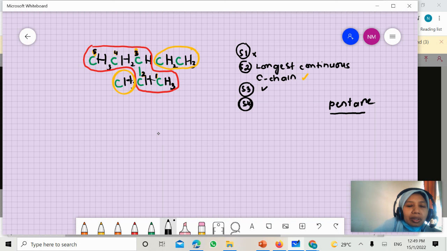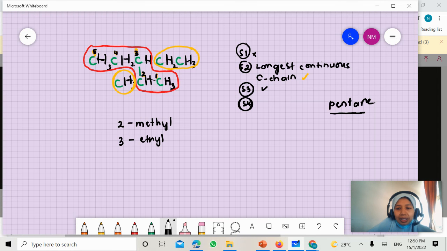We list the name of the substituent now. You separate number and word by using dash. Refer to the previous video. Okay, 2-methyl. And at carbon number 3, we have 2 carbons, which means ethyl. Yeah, ethyl. So 3-ethyl.